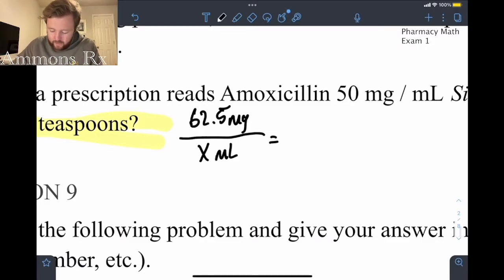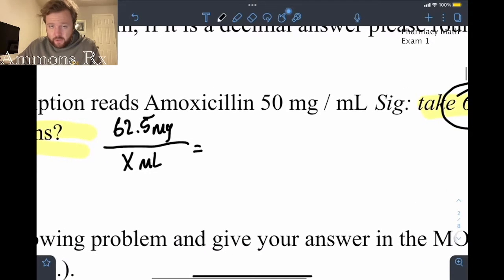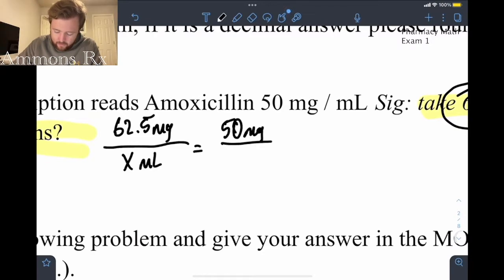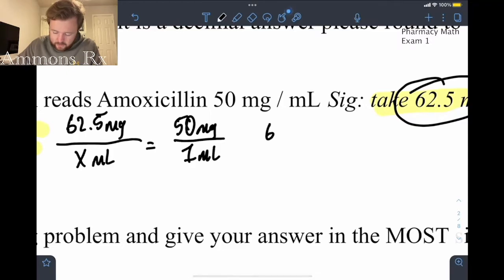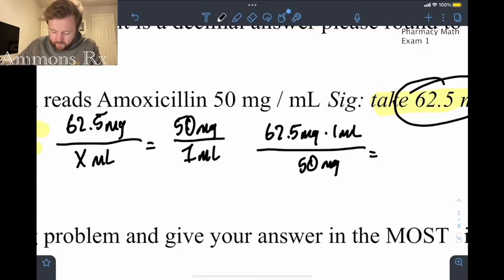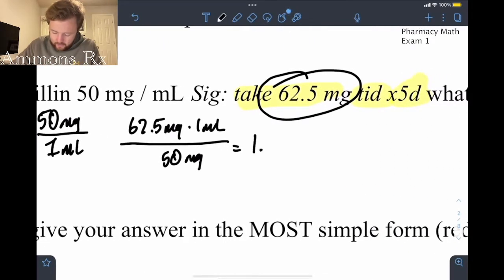We need to ask ourselves how many mils that is because we have a suspension here that is 50 milligrams per milliliter. So it turns into 62.5 milligrams times 1 mil divided by 50 milligrams. You should get 1.25 mils.